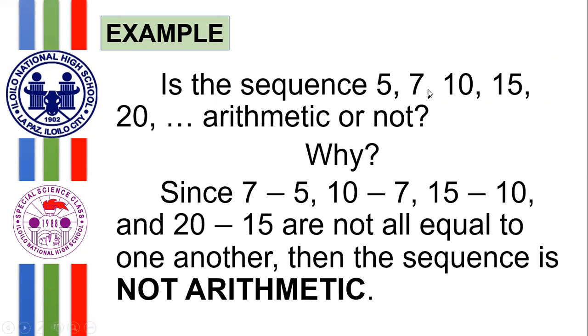Because if you could see, 7 minus 5 is 2. 10 minus 7 is 3. 15 minus 10 is 5. 20 minus 15 is 5. You could see that the difference of a term and the term immediately preceding it is not constant all throughout. Hence, the sequence here is not arithmetic.